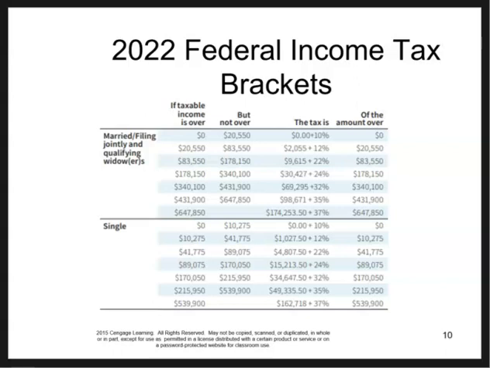So we've got married filing jointly and qualifying widowers, and then single. There's also a head of household schedule, and also married filing separately.